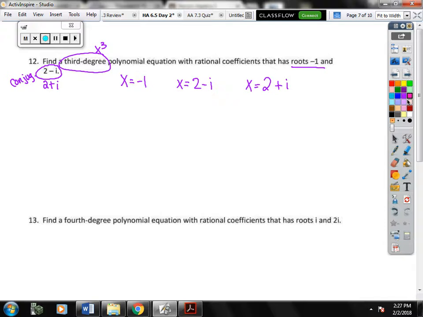Now we work backwards to get them in linear form. So we would add 1 to both sides to get x plus 1. We will subtract 2 and add i to get x minus 2 plus i. Same thing with our last one, subtracting 2, but subtracting i.